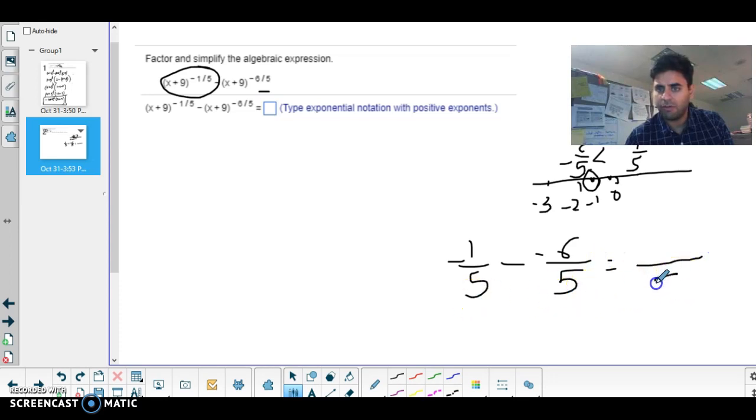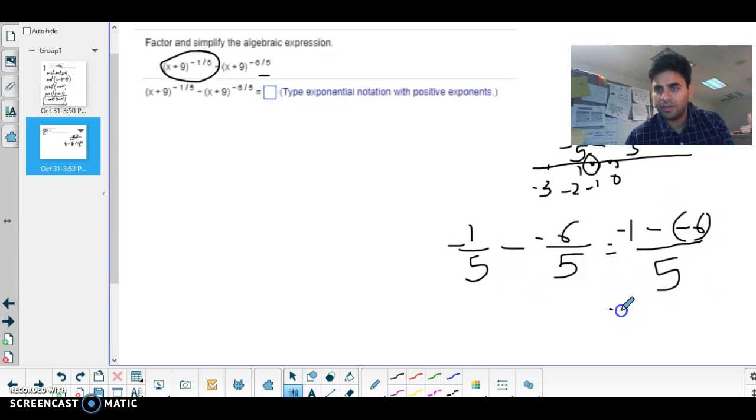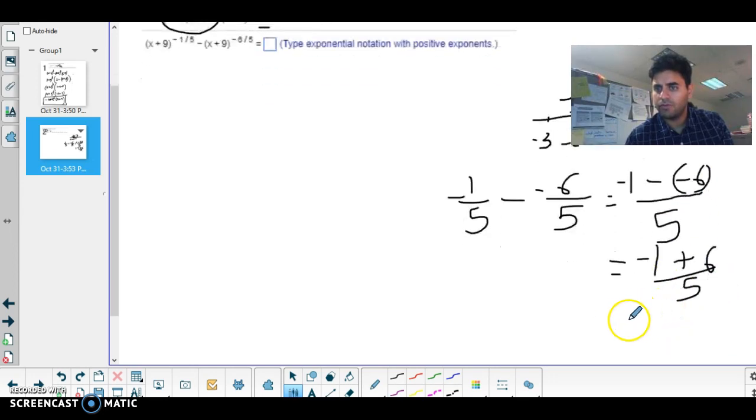Let's take 5 common here, and this is minus 1 minus negative 6. We do not like subtraction, so we will turn this into an addition problem, and this sign will reverse, which finally becomes 6 minus 1 is 5 upon 5, which is equal to 1.